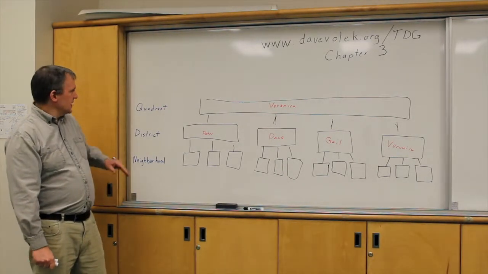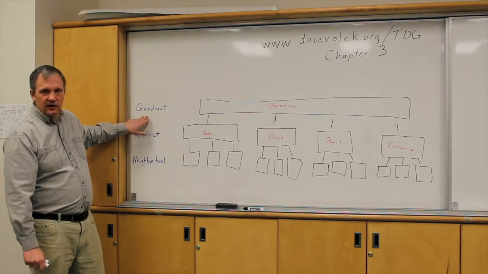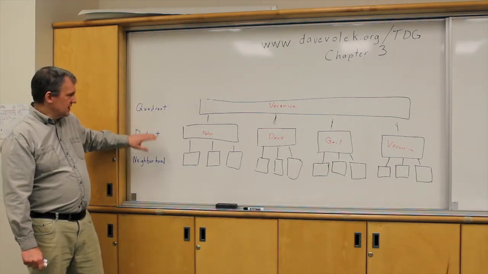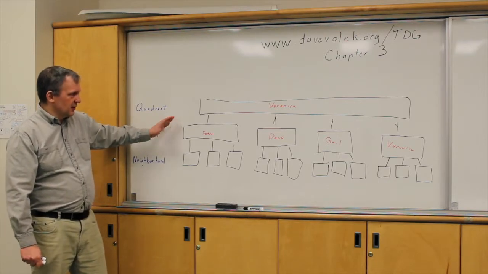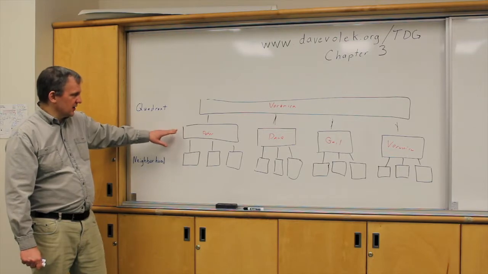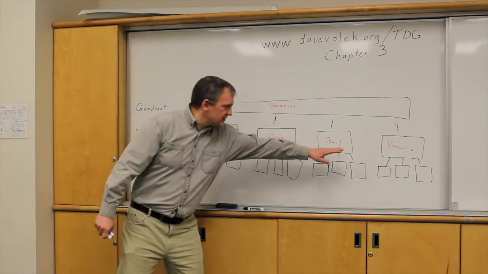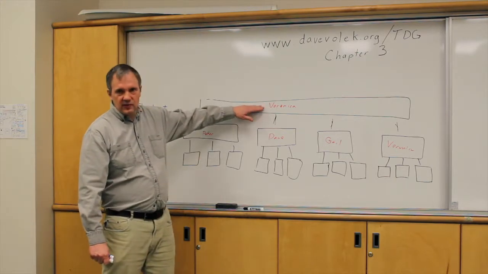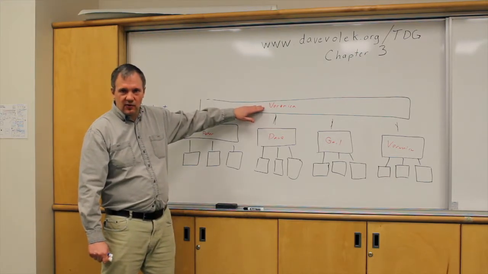Okay, so now we're seeing what I'm calling the quadrant tier, the 3rd tier of this particular TDG, above the district level. This might be representing 10 to 20% of the city at this point. You've got these 4 district representatives, and they have decided that Veronica is the one that's going to go up to the next level. So she gets voted up to the quadrant level.